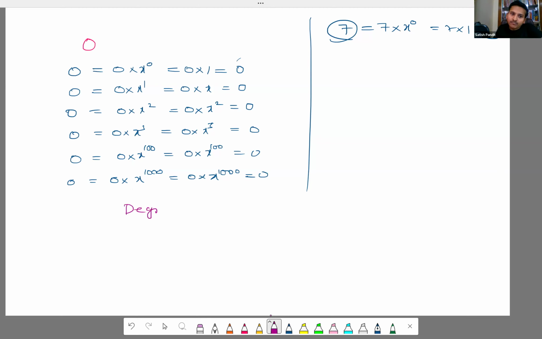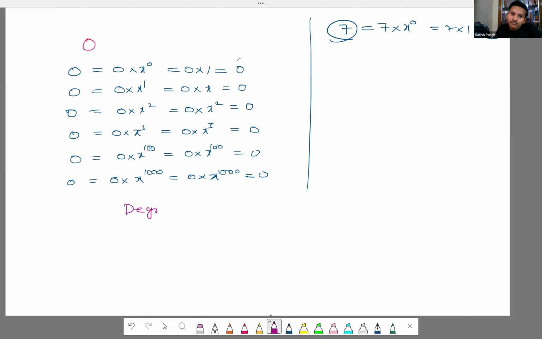So the coefficient of x cube will be what? Go to the term which contains x cube. In that term, remove x cube. If you remove x cube, only 5 will come. So 5 is the coefficient of x cube. So simple. Suppose you want to find the coefficient of x square.